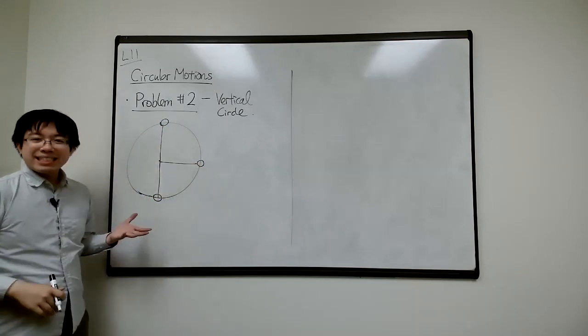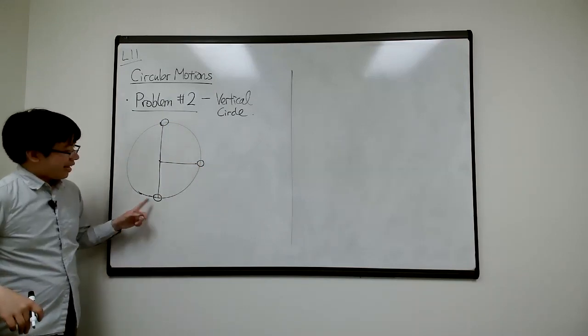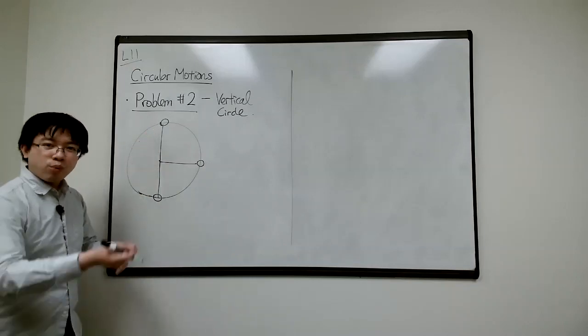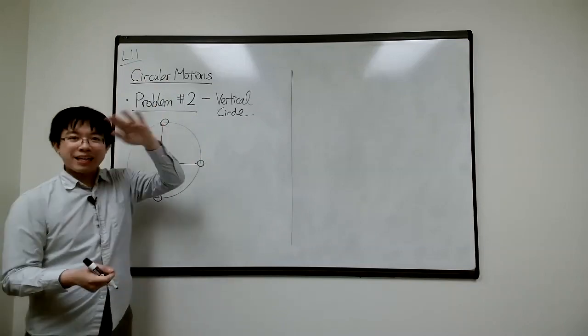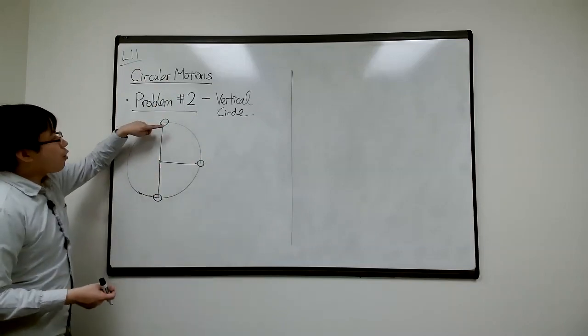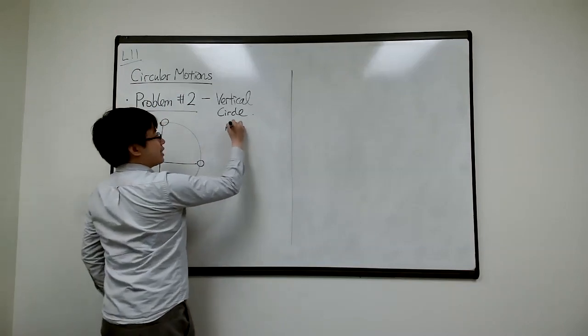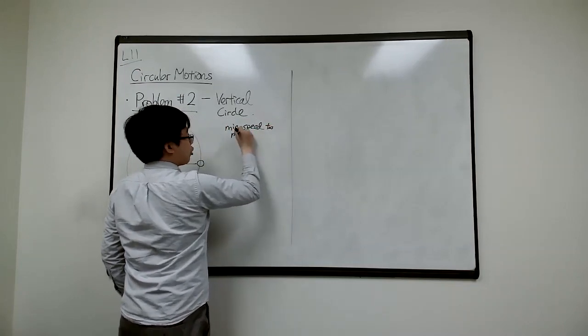So at which point is the tension largest when you swing the object around? At the bottom, right? And the tension is weakest at the top. If you swing it just so that it just crosses the top like that, then the tension is almost zero over there, right? So what I'm curious about is the minimum speed to maintain a circle.